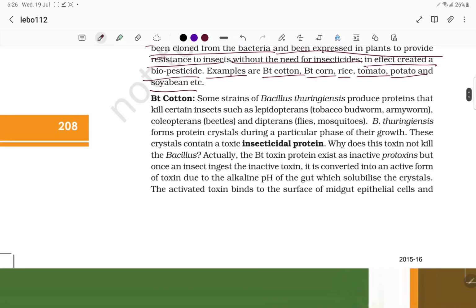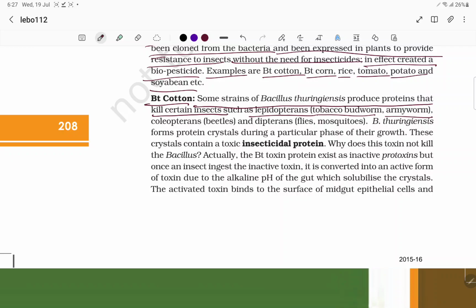And coming to the very first thing, Bt cotton, how it works. So Bt cotton, some strains of Bacillus thuringiensis provide a protein that kills certain insects such as lepidopterans. So usually we call it tobacco budworm or armyworm.